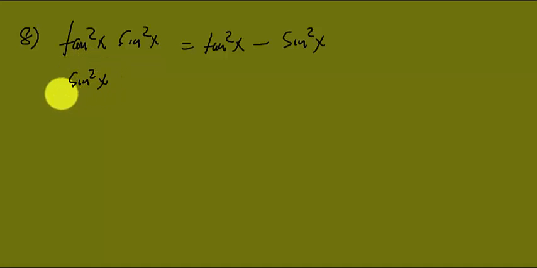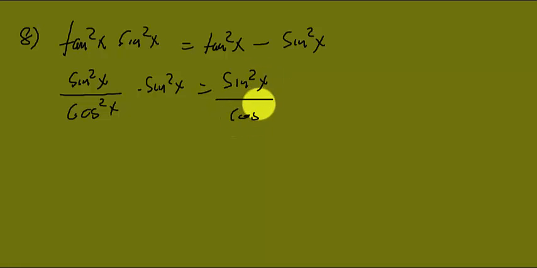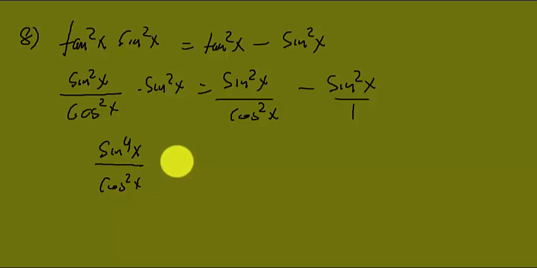This is sine squared x over cosine squared x times sine squared x. This is sine squared x over cosine squared x minus sine squared x, over 1. Of course, the left hand side, you'll get sine to the 4th power of x, and I have a cosine squared x.